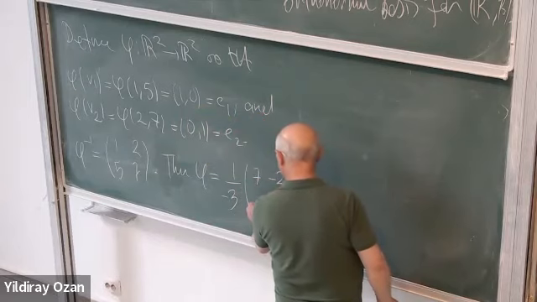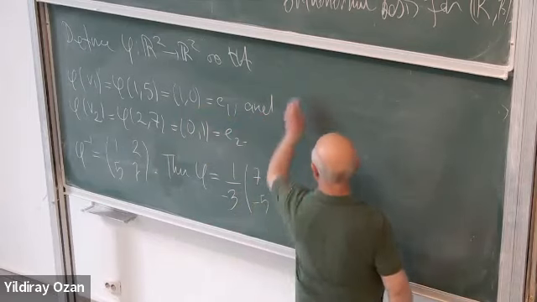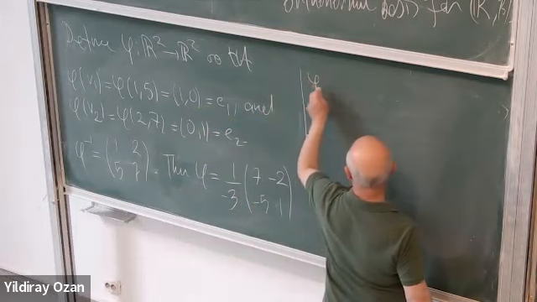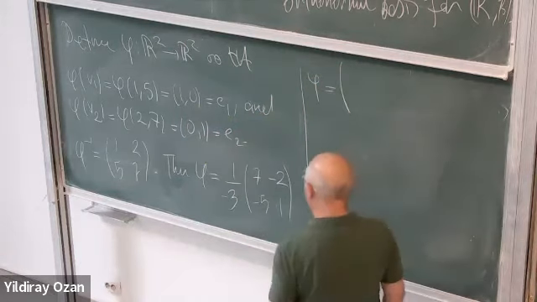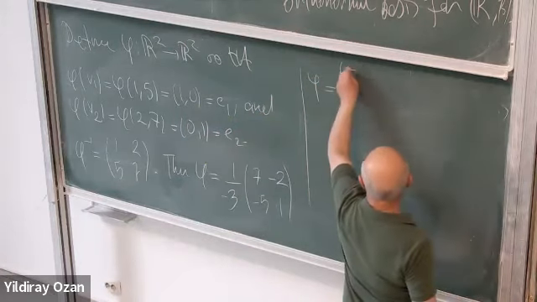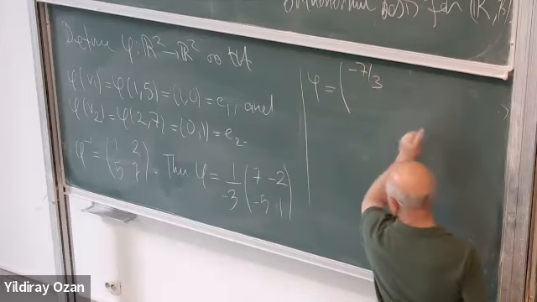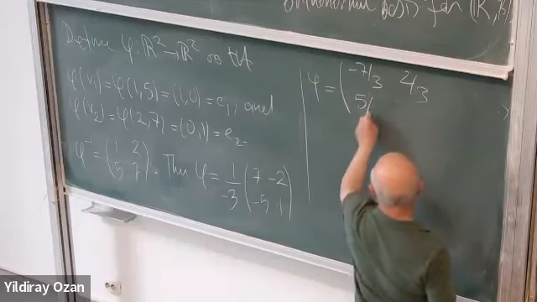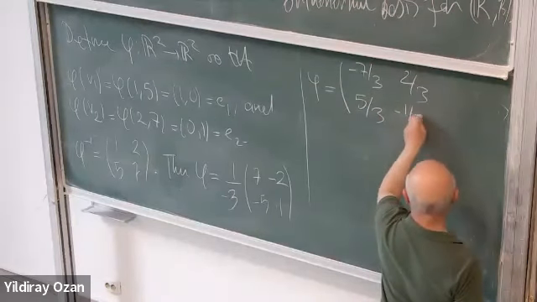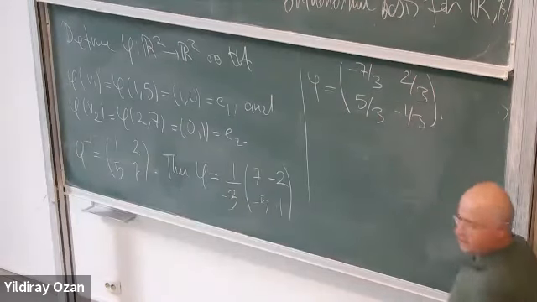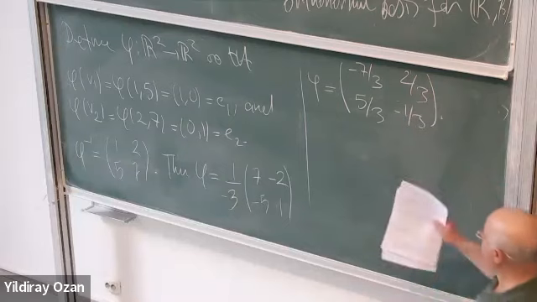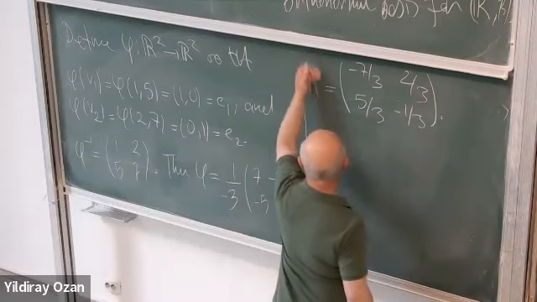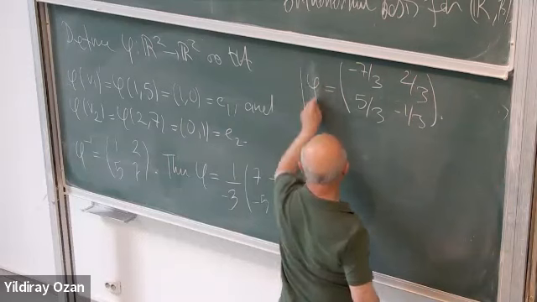Eksi 2 eksi 5. Yani payı şu matrise verecek: eksi 1 bölü 3, 2 bölü 3, 5 bölü 3, eksi 1 bölü 3. So phi is the isomorphism given by this matrix representation in the standard basis.